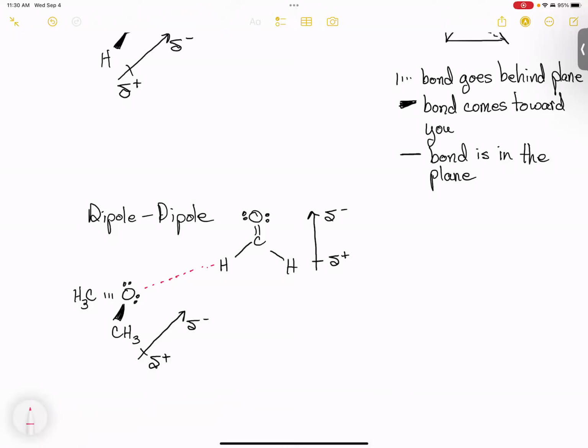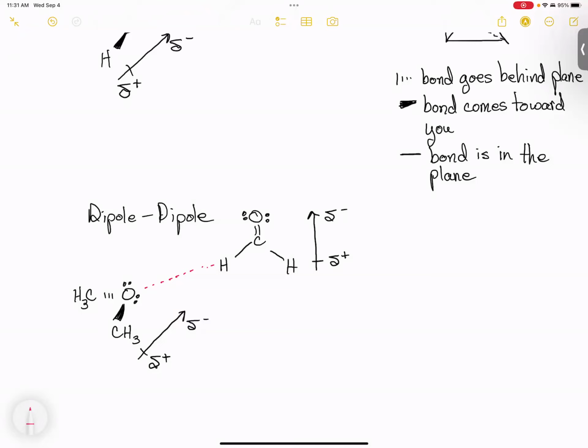Now let's just break this down. Ion or ionic compound, polar, mixed with water, polar. You can have hydrogen bonding because both of the molecules are polar. You can have dipole-dipole interaction because both of the molecules are polar.